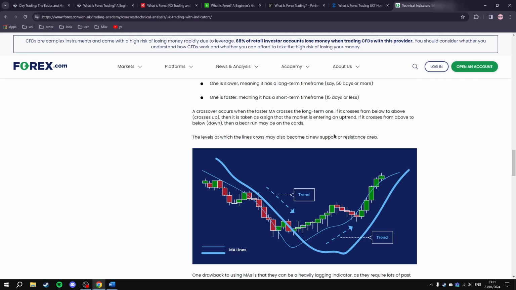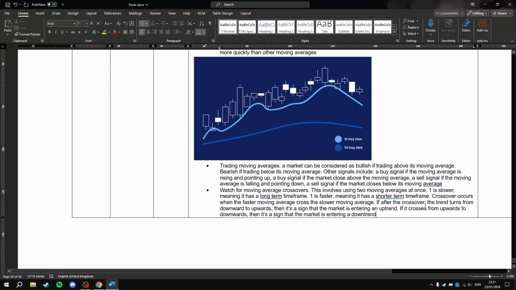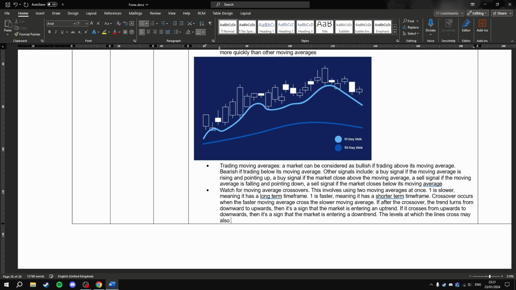The levels at which the lines cross may also become a new support or resistance area. The levels at which the lines cross, so that one there, may become a new support or resistance area.